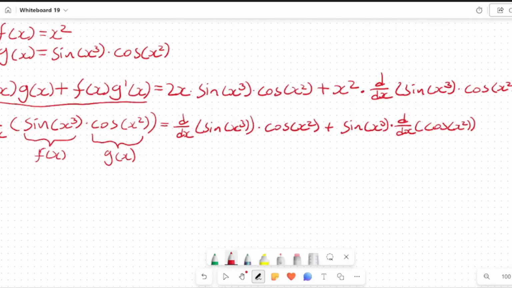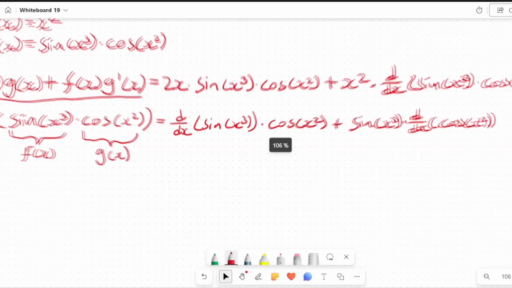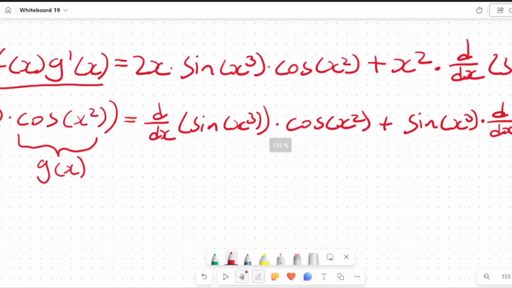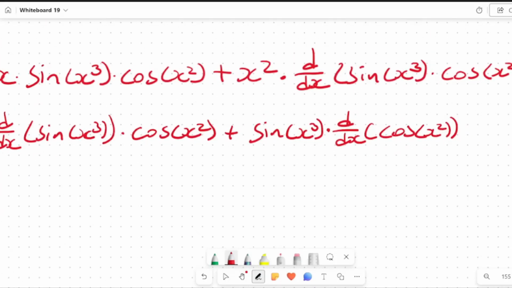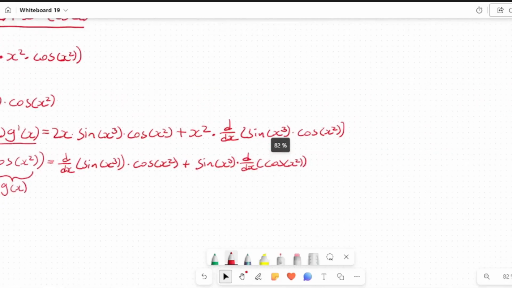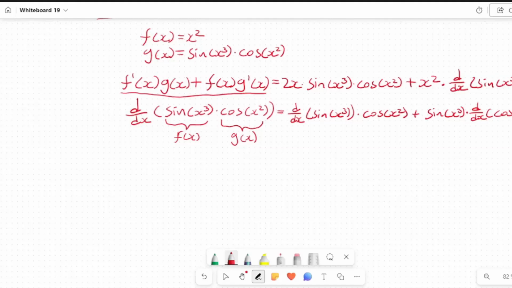And the chain rule. The chain rule essentially states, as you probably recall, that it helps us to derive nested functions. In this case, the function that is inside right here is going to be x cubed. And for our second function right here, it's going to be x squared. So let me just write down the chain rule.